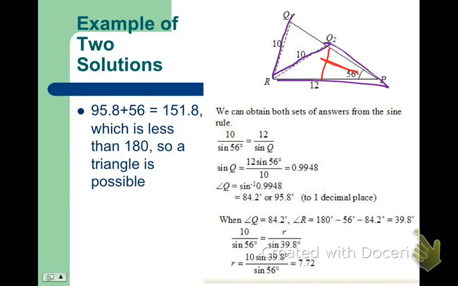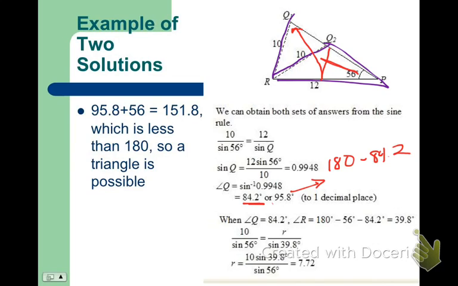It doesn't matter what you call it. So they solve for it, and actually we end up solving for this one first. You're always going to get the acute answer first. By taking the inverse sine, we get an angle of 84.2 degrees first. Now, to get the 95.8, that's the supplement, so that's 180 minus 84.2.